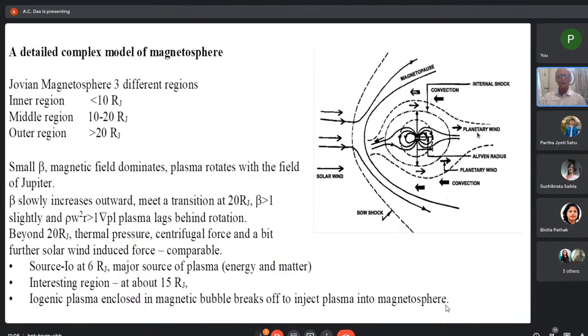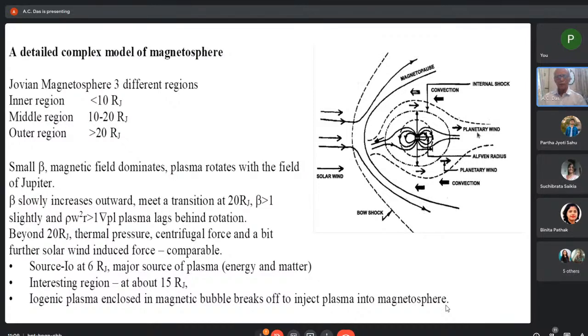Again, I'm saying the same thing: the omega square r, which essentially gives rise to energy associated with, or you can say centrifugal force, would be greater than the gradient of plasma pressure inside the magnetosphere. Then these two forces are competing with each other, and when beta gets larger, this breaks down and therefore the plasma lags behind the rotational energy. Rotation takes over the plasma rotation.